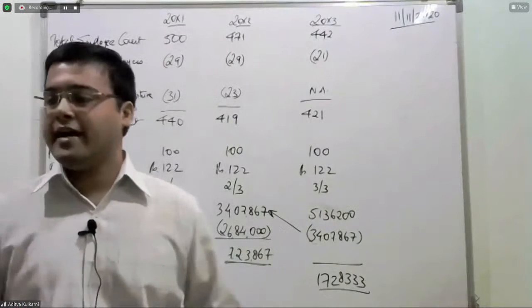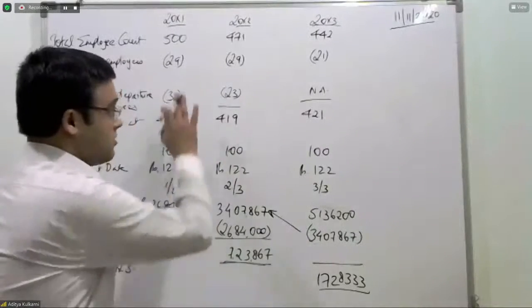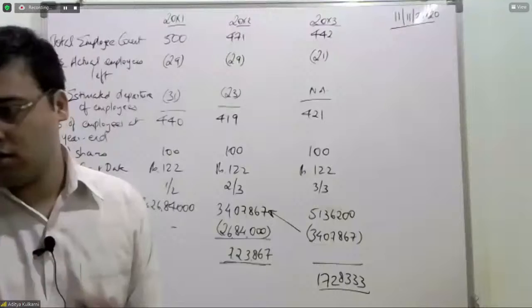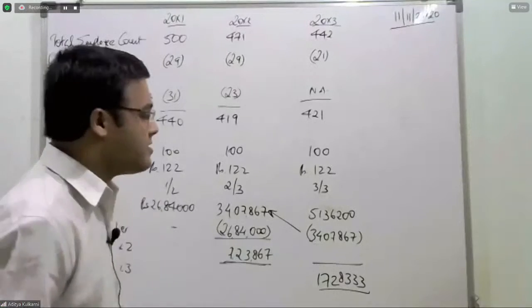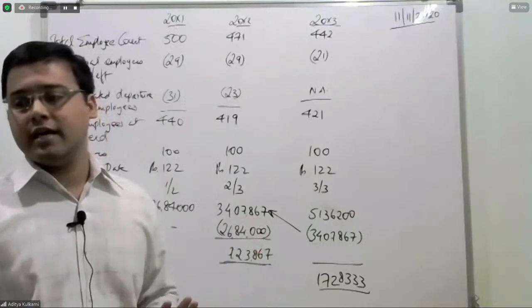Absolutely right. That would be the amount that would be passed for the journal entry for the second year. All right, so your understanding is right, and this is how you will do the accounting.